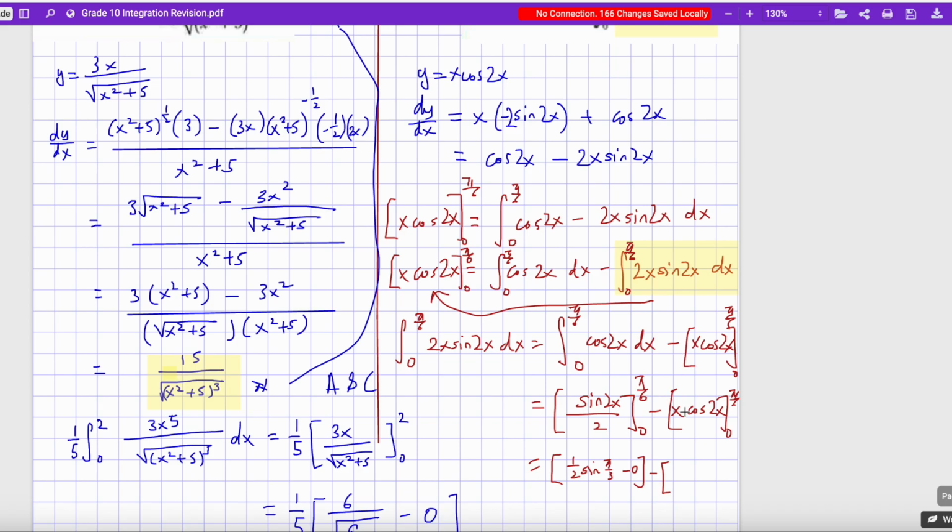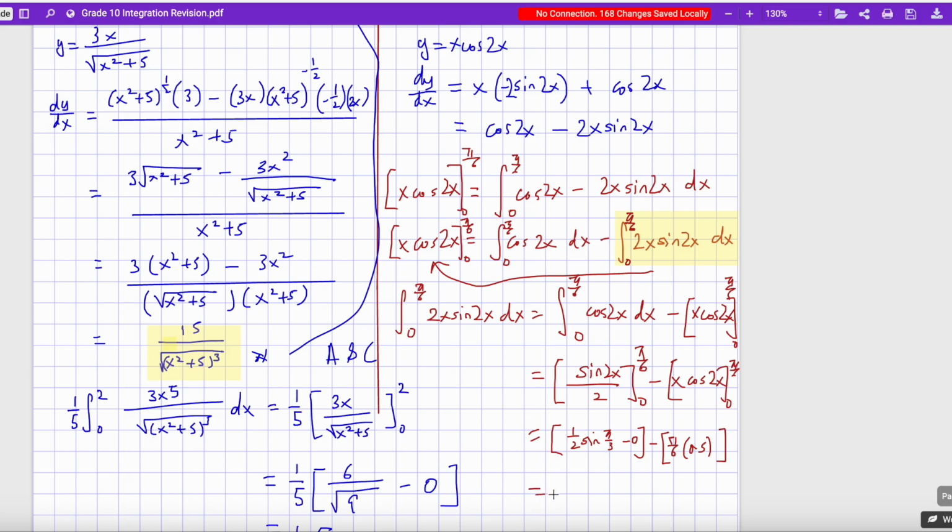What is cosine pi over 3? Let me work it out on my calculator. That would be 0.5. So this would be pi over 6 times 0.5, minus 0. Just leave it like that.